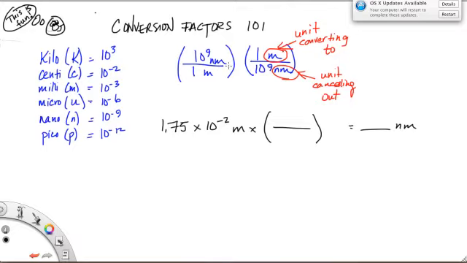That's the unit we're converting to. So 10 to the ninth nanometers in 1 meter. My problem's already set up. And you'll notice that meters and meters cancel out, and we're left with nanometers, which is what we want in our answer here.